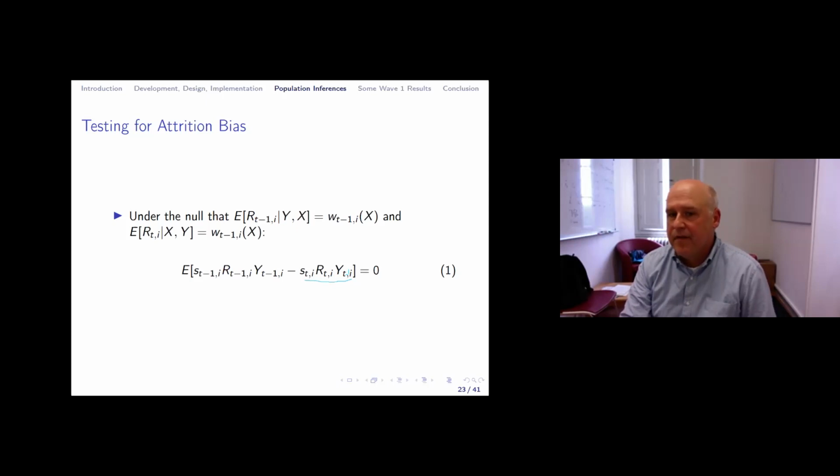And that's very easy to generate. It's just a moment test, and so it's very easy to generate a test statistic and conduct inference.